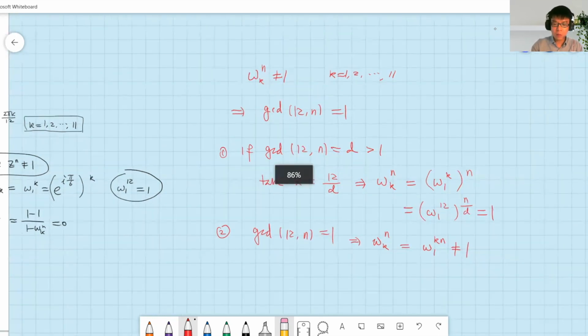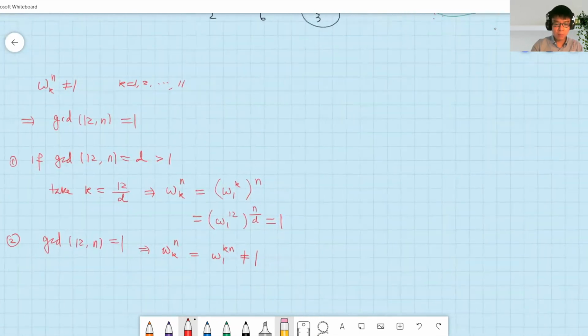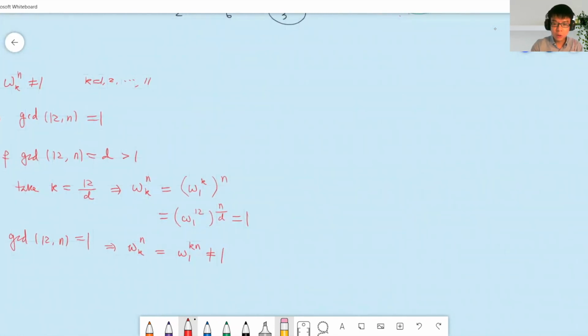So that's our requirement. Let's see how many n there are between 1 and 100. Let's define two sets, set A and set B. Set A is all numbers divisible by 2. Set B is all numbers divisible by 3. For A, we have 100 divided by 2, which is 50 numbers. For B, it is 100 divided by 3, which is 33 numbers.